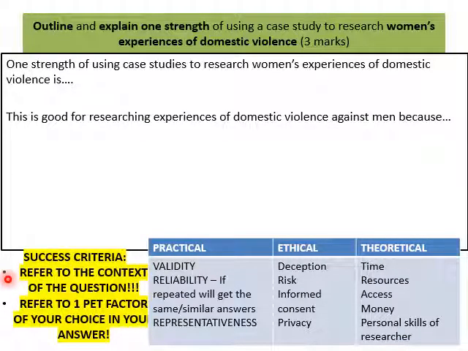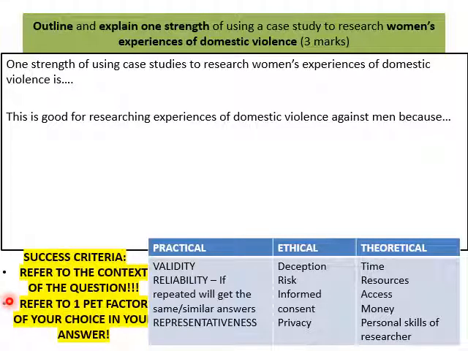Firstly, you need to refer to the context of the question. The question isn't just asking you to identify and explain a strength of case studies. It's asking you to outline and explain one strength of using a case study to research women's experiences of domestic violence. So you have to think about case studies in the context of the question that is given.